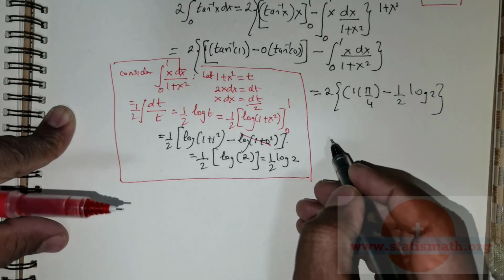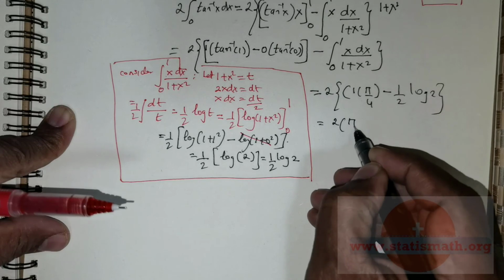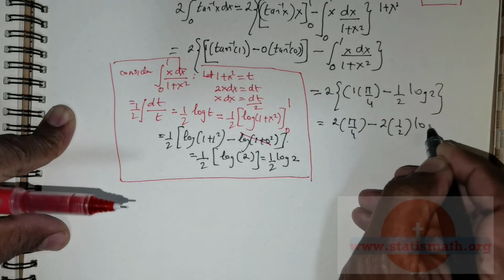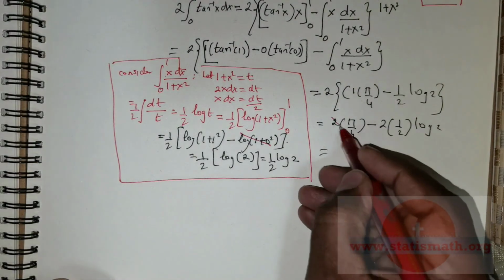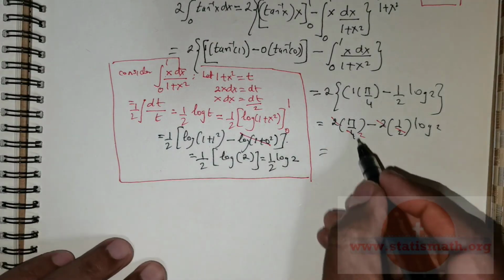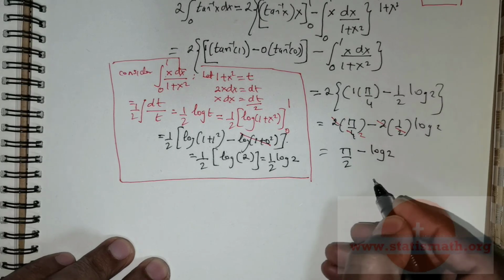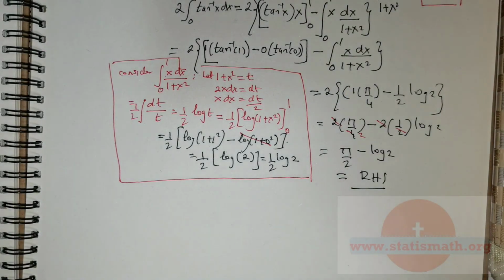So this is equal to 2 times pi over 4 minus 2 times 1 over 2 times log 2. Now 2 divides 4 two times and the 2's here cancel, giving us pi over 2 minus log 2, which is equal to the right hand side. Hence the result is obtained.